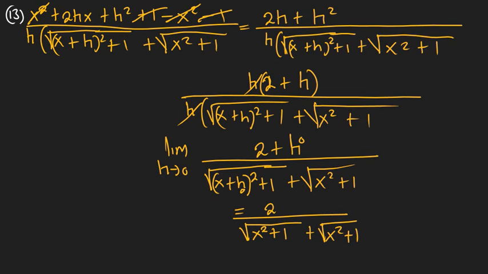Okay, then altogether we're going to have 2 over 2 square root of x to the power 2 plus 1. Okay, that is what you're going to have at the end. Quite long, but very, very simple. I wanted to be very careful so that I don't make a mistake. But basically, that is going to be your final answer.